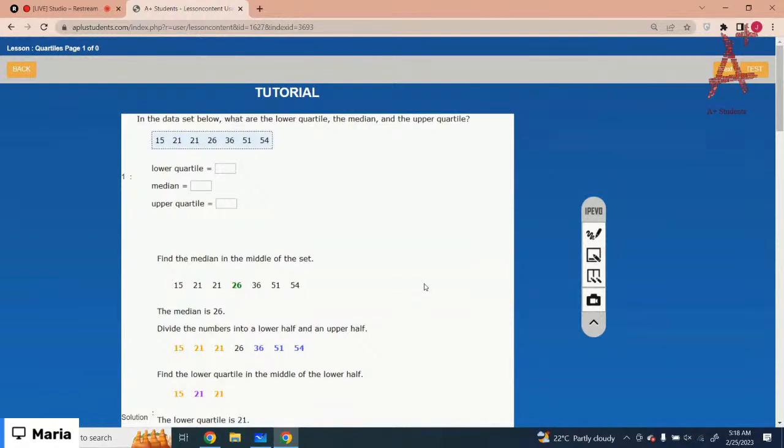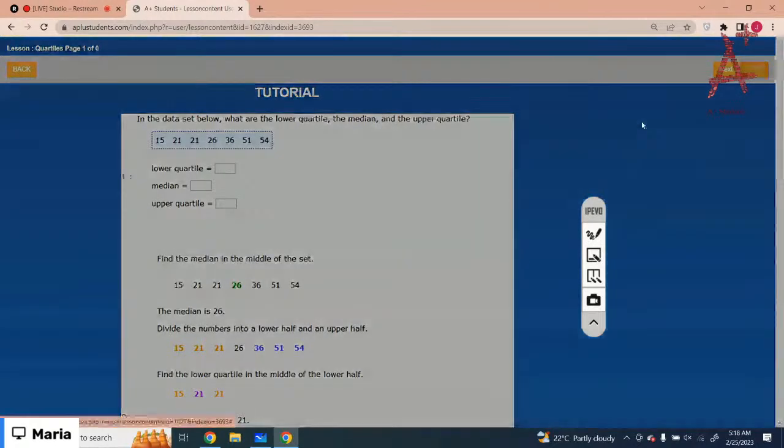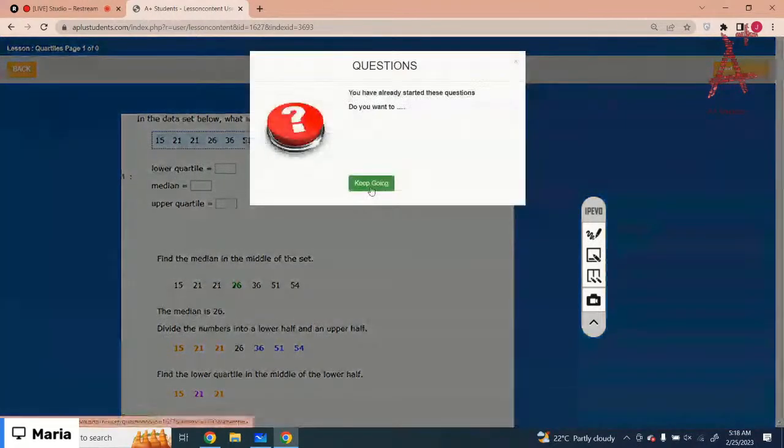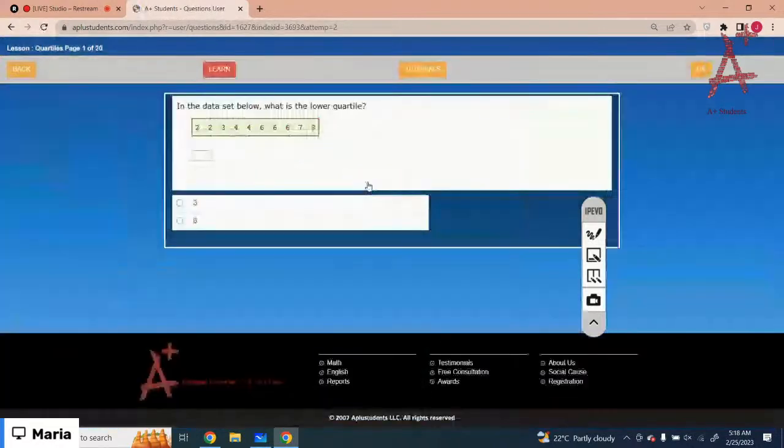Let's just start with the examples. Okay, in the data set given below, what is the lower quartile? The data is already arranged from least to greatest.